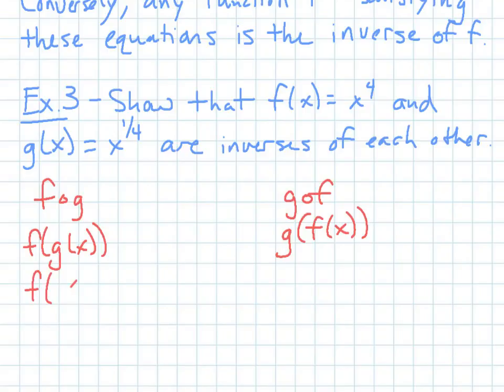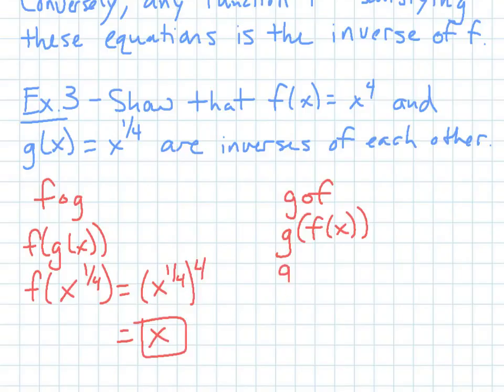So g of x is x to the 1/4. So let's plug that in. Remember that's to the 4th power. Power property, or power to power property, here for our exponents, 1/4 and 4th. Remember that's from chapter 1 that we kind of reviewed. So multiplication between the two, so 1/4 times 4 gives me x. So that's what I want.